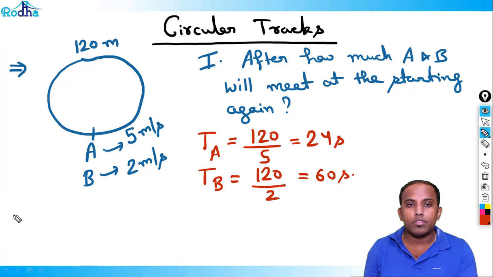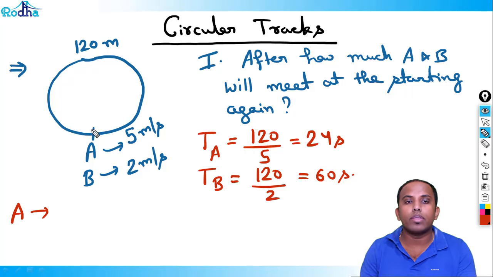So the logic here is that A is running for infinite time on the track, so after how much time is A reaching the starting point every time? The first time A reaches the starting point after 24 seconds.